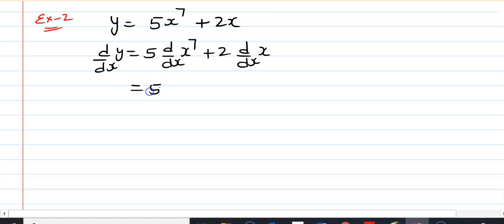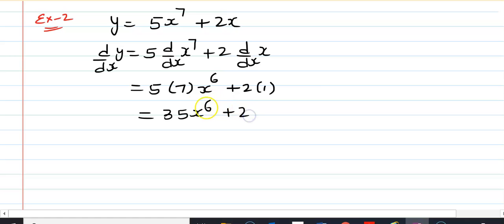So it is 5, x to the power 7 means 7 is coming forward. I'm writing it in a bracket so that it should not look like 57, and x^(7-1) is x to the power 6, and it is 2, d over dx of x is 1. So it will be 5 times 7 is 35, x to the power 6 plus 2.